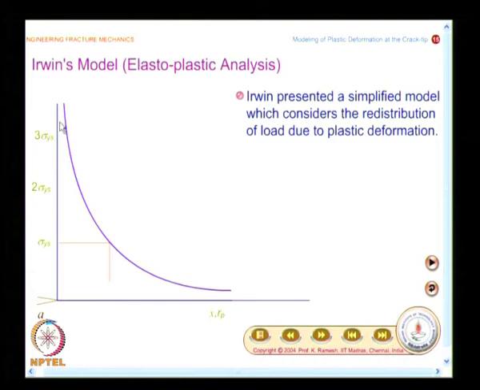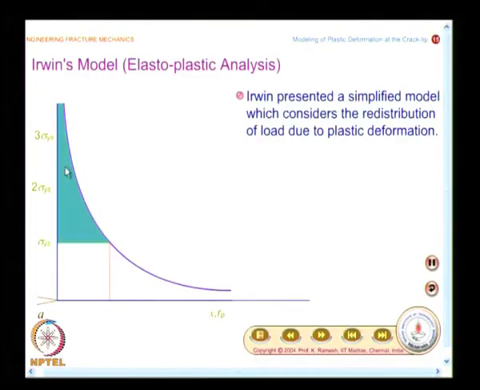What happens to this load? The solution says it was originally supporting so much load, and you say in actual practice, because the material cannot sustain load beyond the yield strength, simply cutting this curve at that position will not be the right approach.